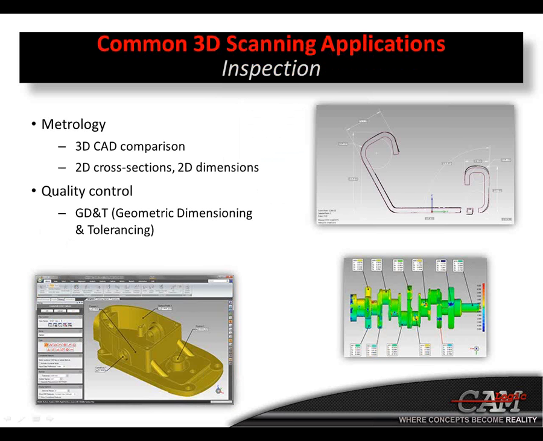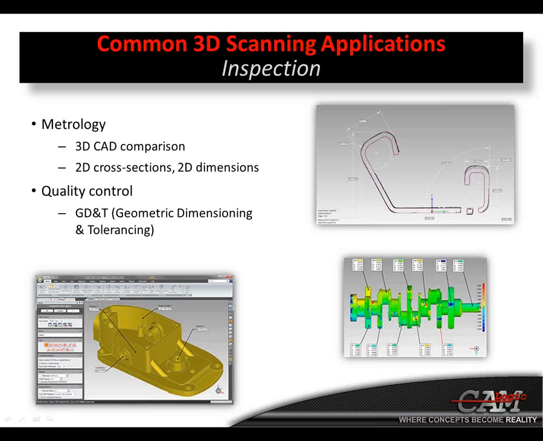So some common applications for 3D scanning. Inspection is probably number one. Again, that's kind of where this all started with the CMM, so that's sort of where we end up. Inspection falls under metrology. Metrology is basically the science of measurement.